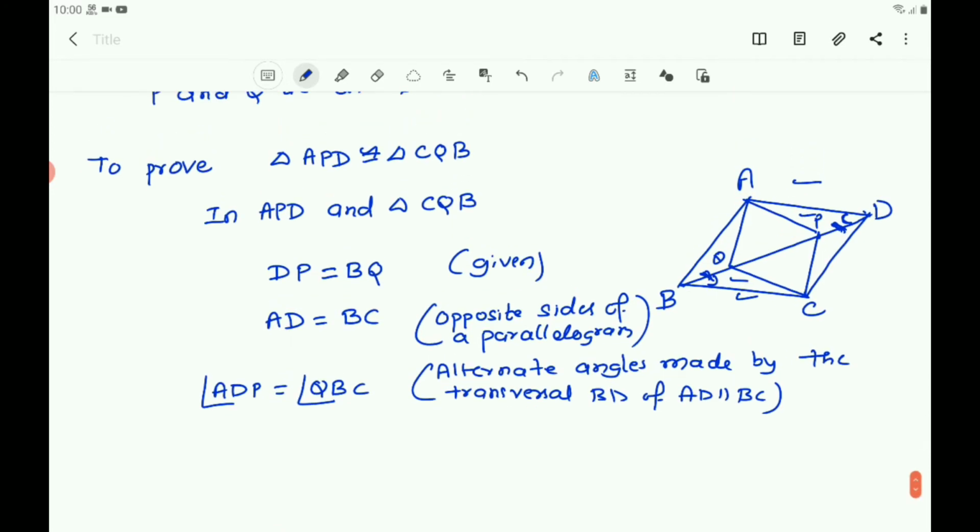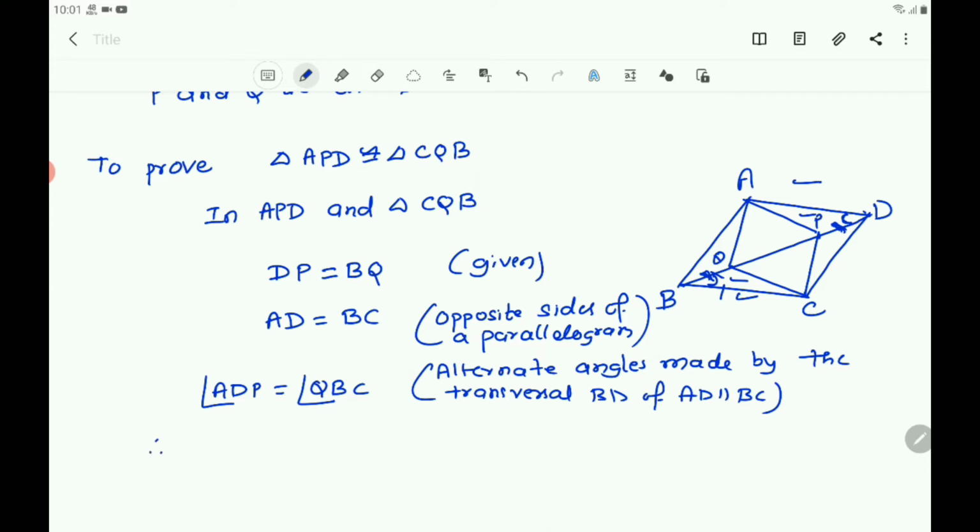So you can write, here you got the side, angle, side. These two sides and included angle are equal here. So according to SAS congruence rule, you can write that triangle APD is congruent to triangle CQB.